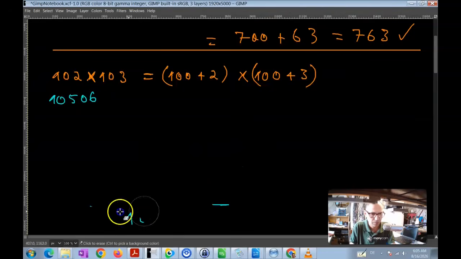Now the exact same calculation, I could do it in a simpler way. I could say that I will distribute multiplication over addition, right? And then there is another addition over here, of course.